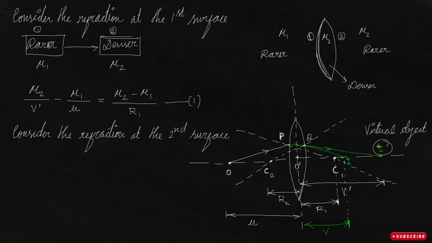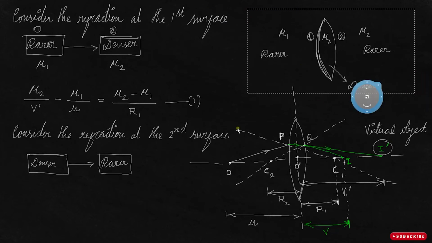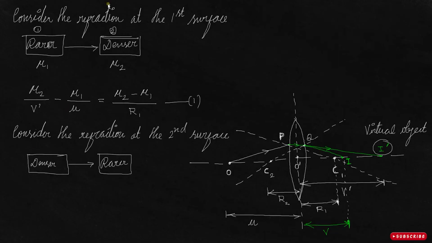Now remember, this I dash is actually formed inside the denser medium. Here, the refraction is from, light is traveling from denser to rarer. Okay. So in the first case, let me draw that here again. Listen to this part very carefully. Now this is the refraction at the first surface.